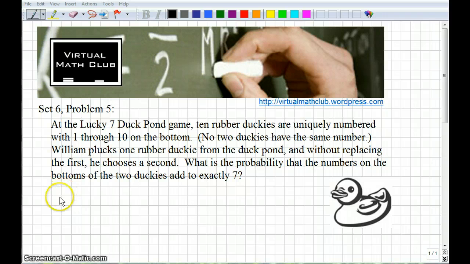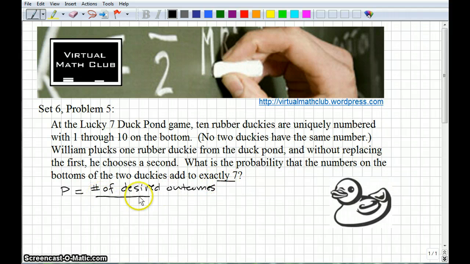Let me give you your hint: remember what probability means. Probability is the number of desired outcomes, and in this case our desired outcome is 7, over the number of total outcomes.